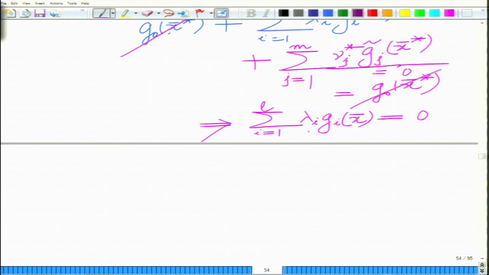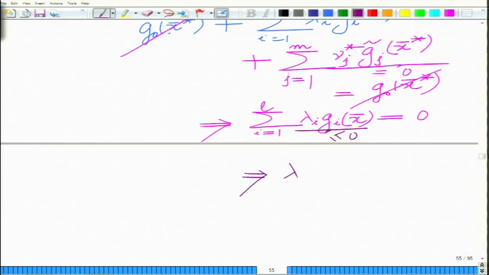Now, remember, each of these quantities lambda i g i x bar is less than or equal to 0. The sum of several non-positive quantities is equal to 0, which means each of these quantities is equal to 0.